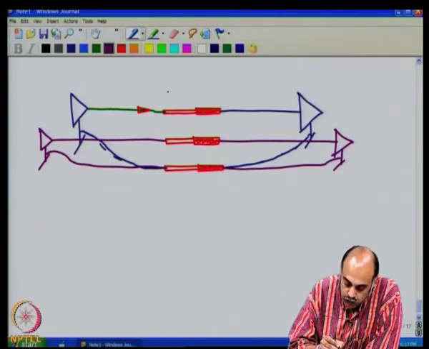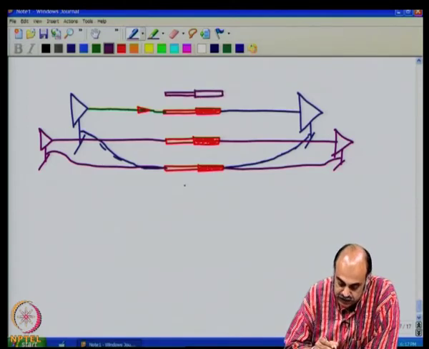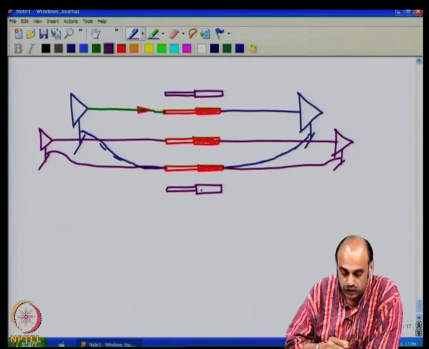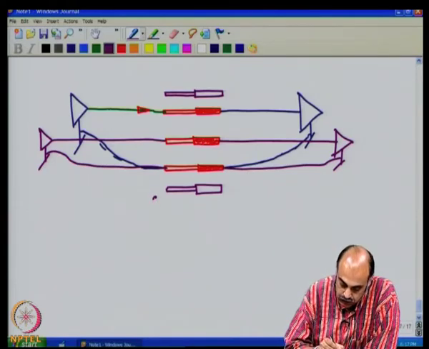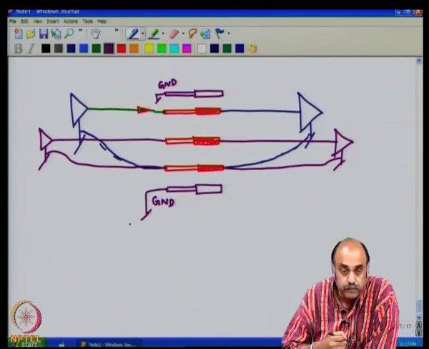Now, let us interpose two more ground lines, let us say one ground line here, probably another ground line here. Okay. So, this is also ground, this is also ground, meaning new grounds, we connect it like that.